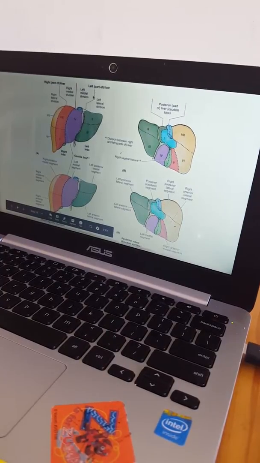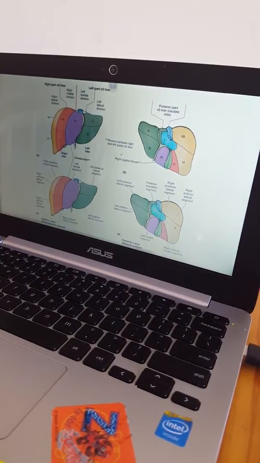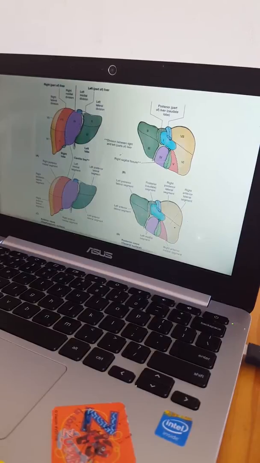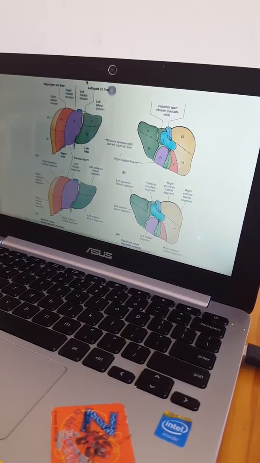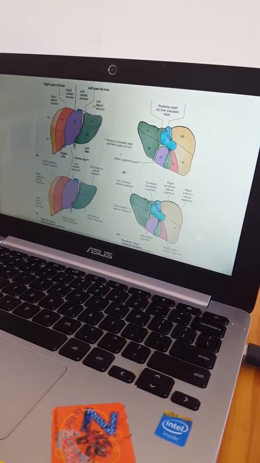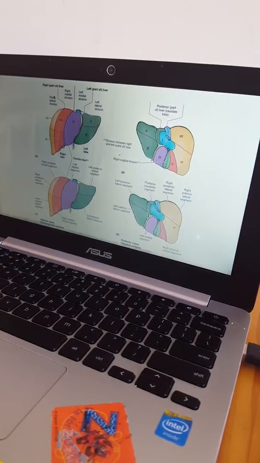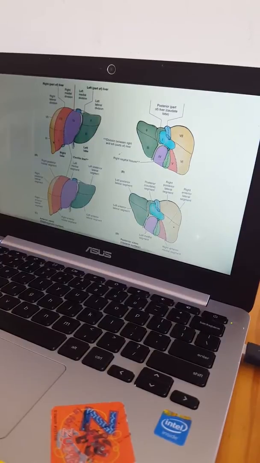So basically they divided the liver into two parts, the left part and the right part. And then they divided it into right medial division. Medial means close to the midline, and then left medial division. And then the left lateral division and the right lateral division.